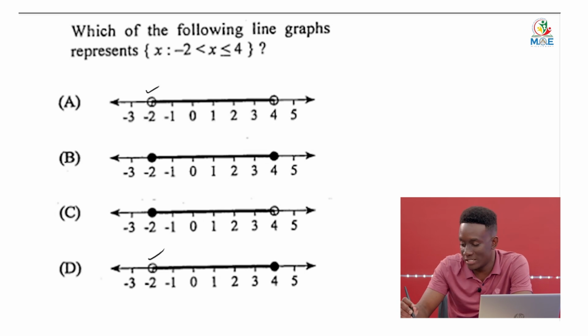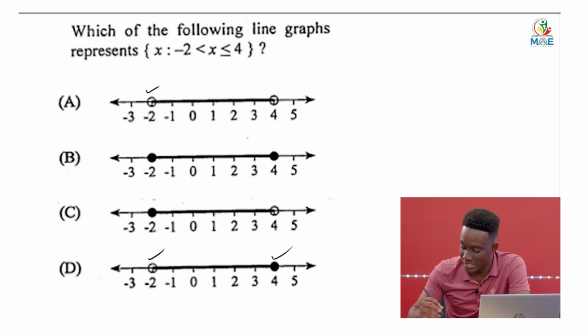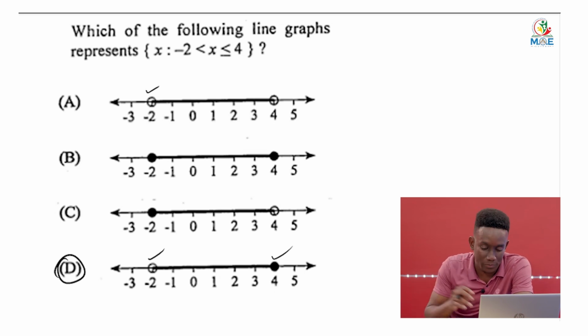And for this +4, that part has to be shaded because of this equal to sign at the bottom here, less than or equal to. So this ticks off. The answer here is simply D. The -2 cannot be shaded and the 4 has to be shaded because of the equal to.